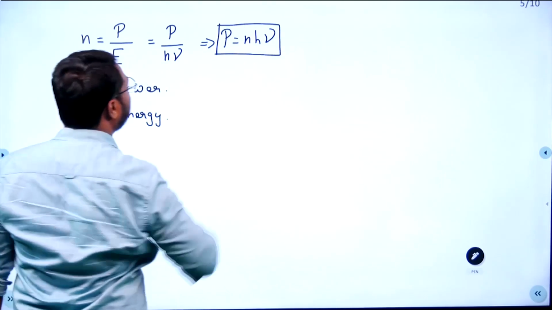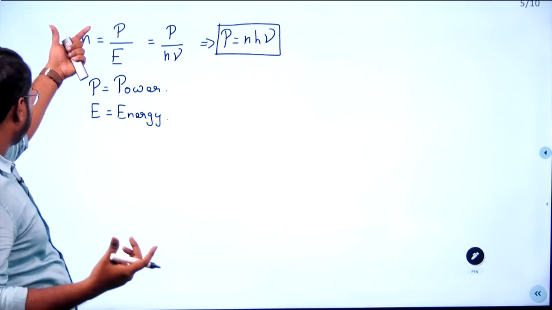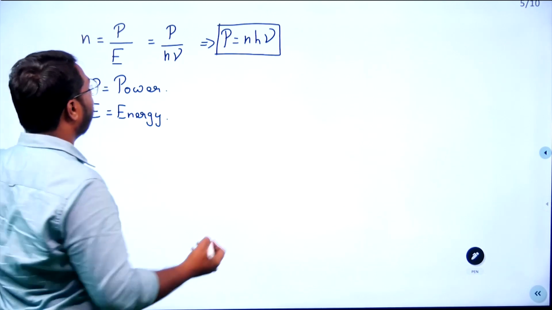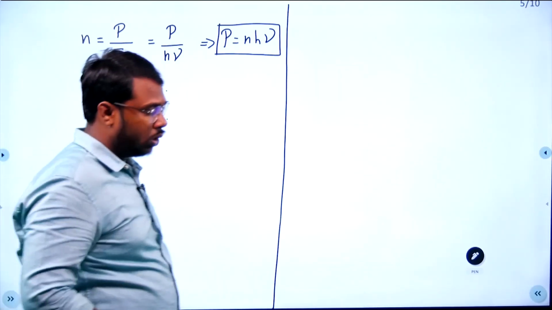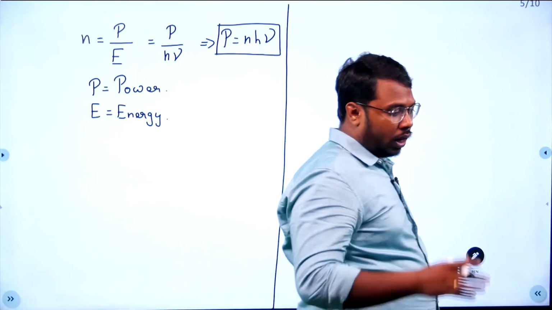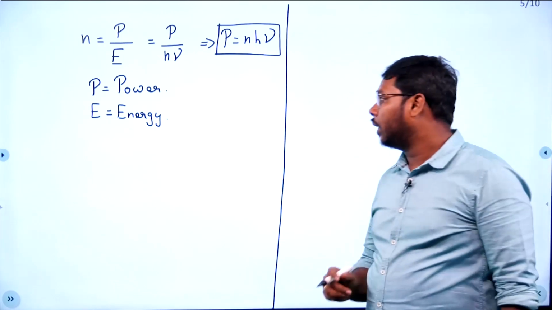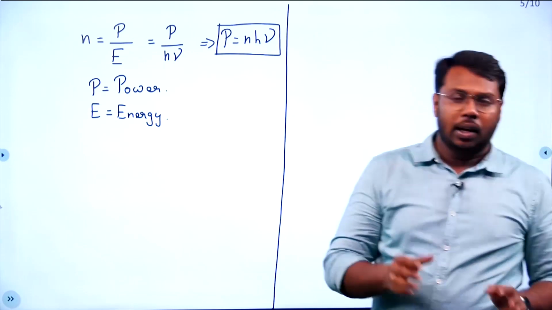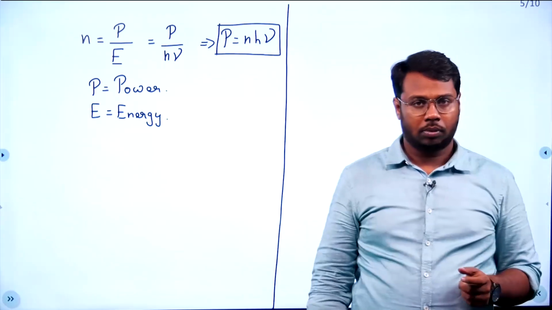So, these are the different ways of writing the expression for the power and energy. Now the next question will be the intensity of light. What exactly is intensity? Listen very carefully. Intensity is something associated with the brightness.